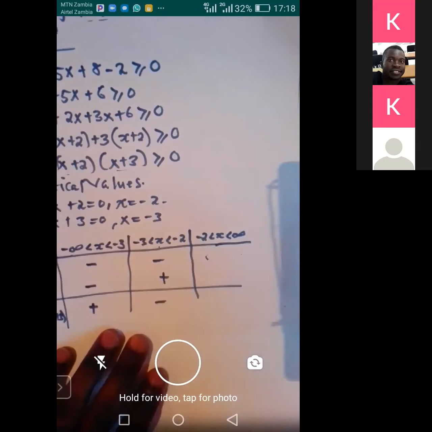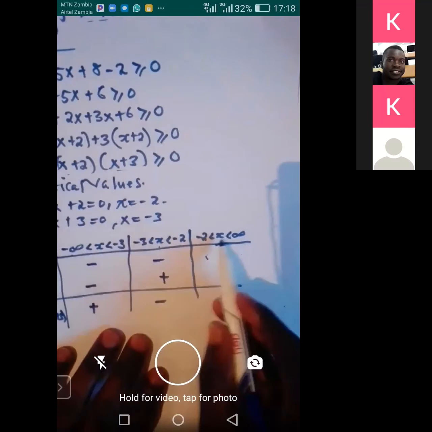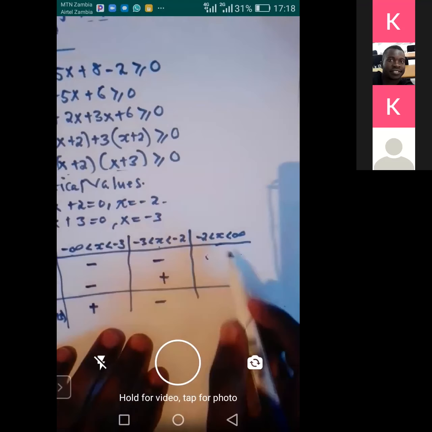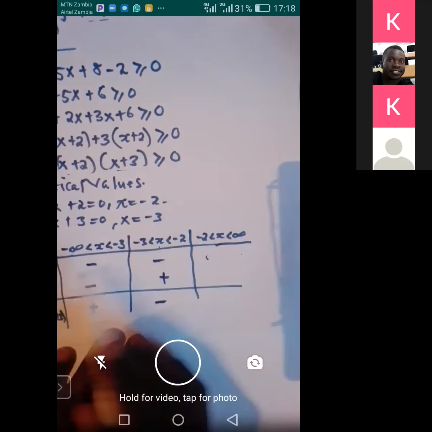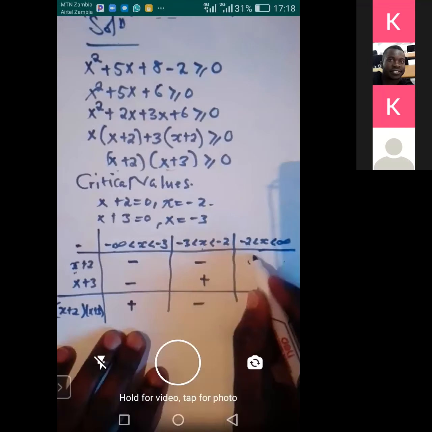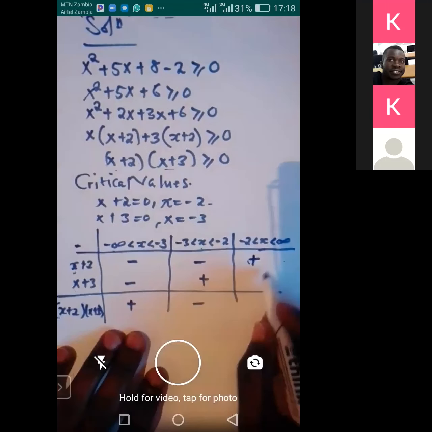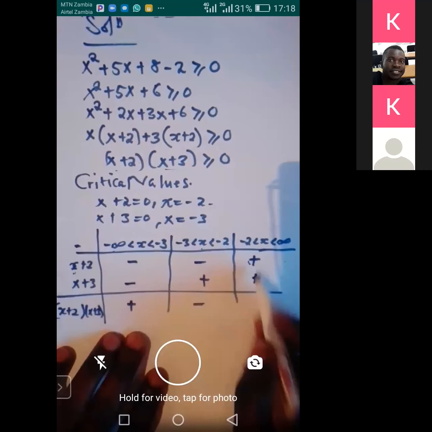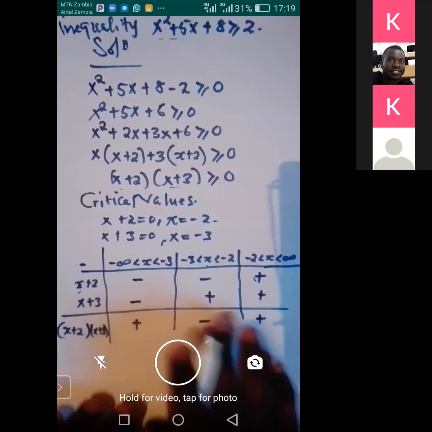So when you plug -1 there, you're going to get a positive there. -1 there, you're going to get a positive. Positive times positive, you're going to get a positive number. So you're going to see, guys, when you get back to our inequality here, positive number.